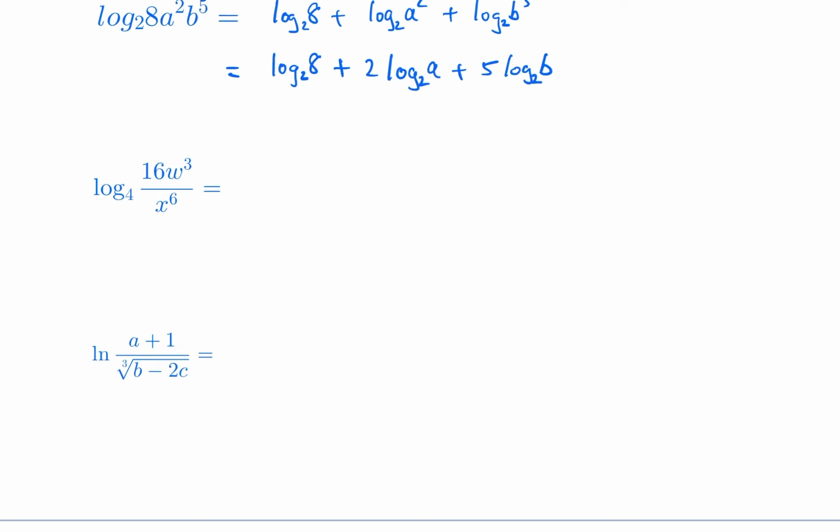All right, another example. We've got log of 16w cubed over x to the 6th power base 4. Okay, so first we're going to separate these. This becomes log of 16w cubed base 4 minus log of x to the 6th base 4.